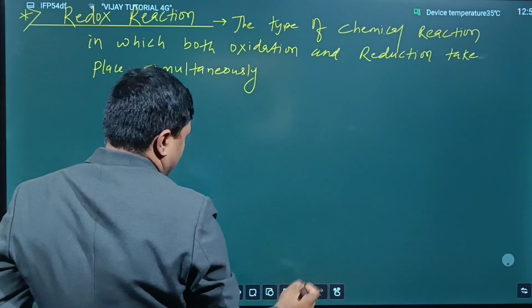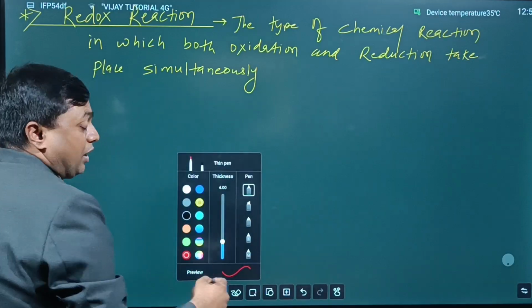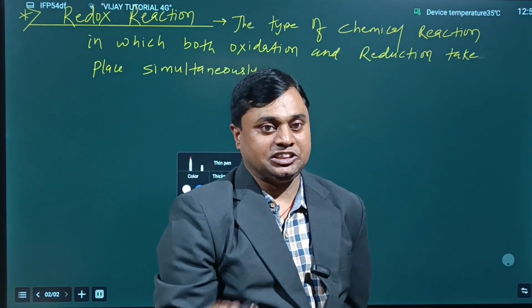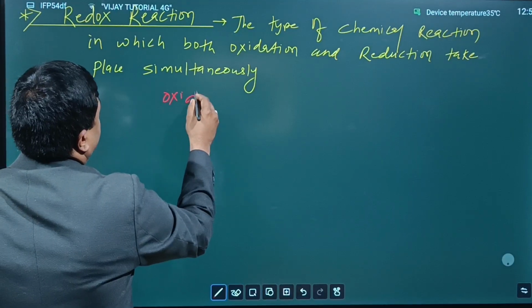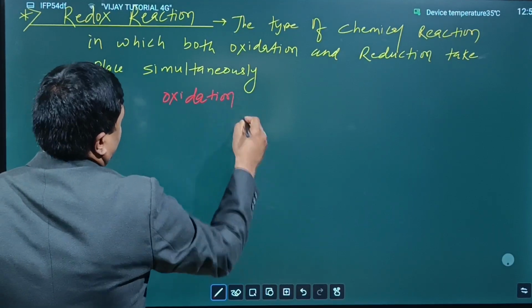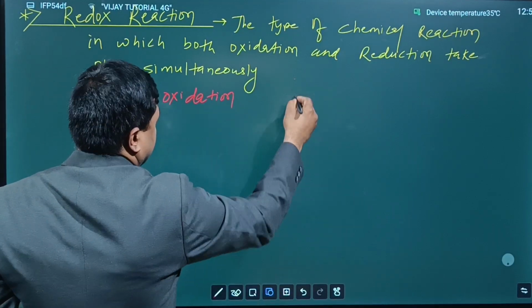This is the definition. So you need to understand first what an oxidation reaction is and what a reduction reaction is. So let's read that first. What is an oxidation reaction? And what is a reduction reaction?